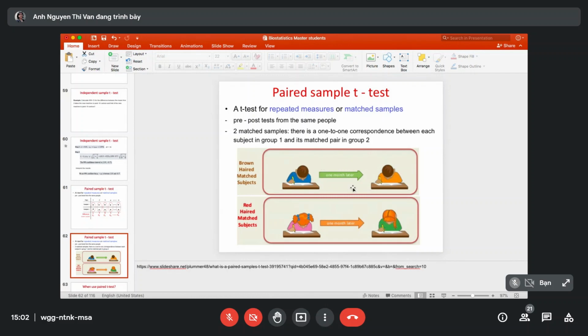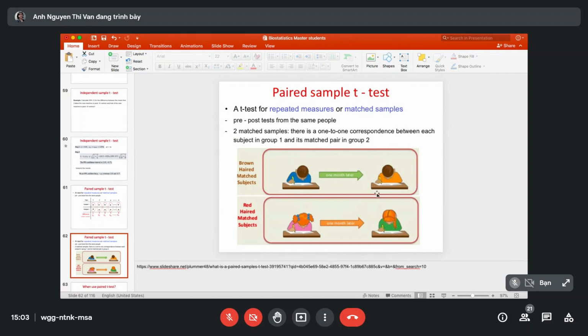Another example of paired data is not the same objects. They can be different persons, different things, but they still match each other in one characteristic. For example, here in the slide, I show you brown hair matched subjects. These two boys are different persons, but they have the same color, brown hair. So it's one pair.